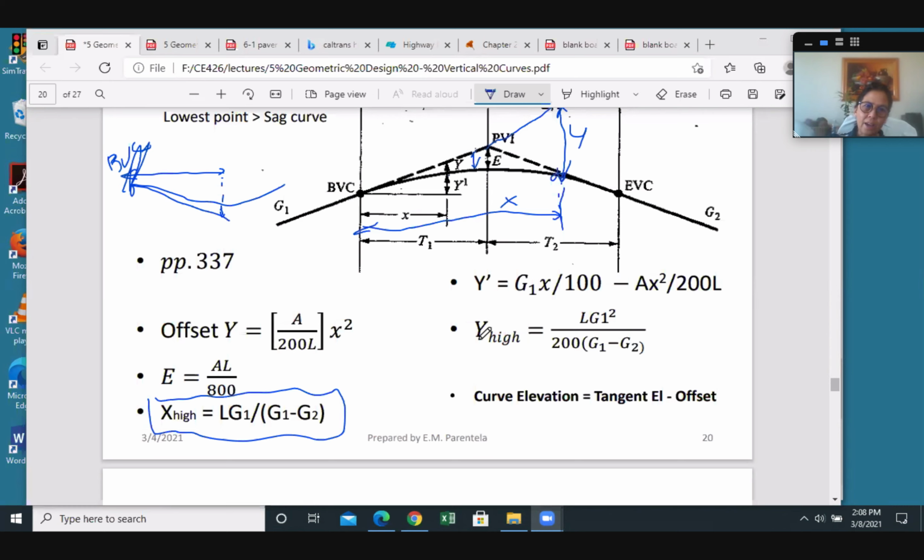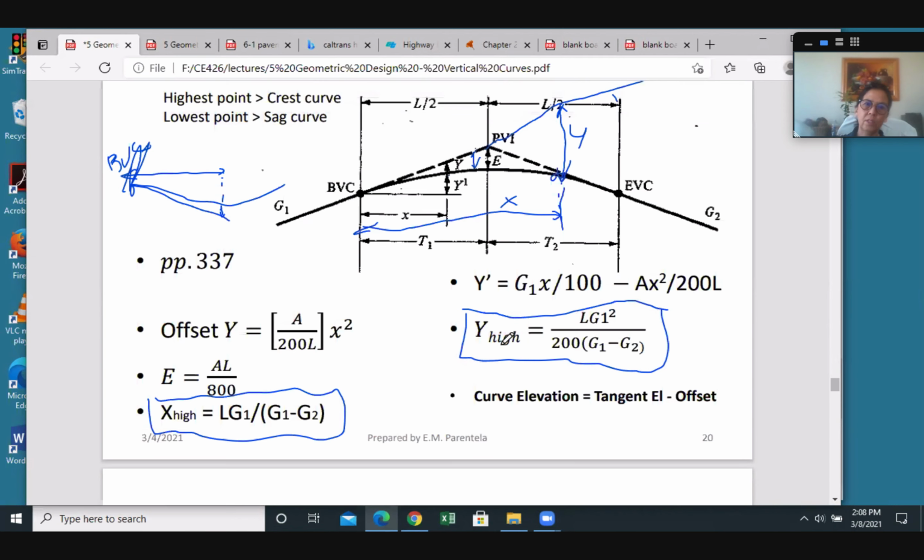Now the y height represents the highest point on curve, right? So to determine the y value for the highest point, only for the highest point on curve, it's equal to LG1 squared over 200 times G1 minus G2.